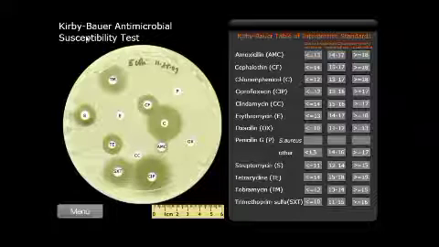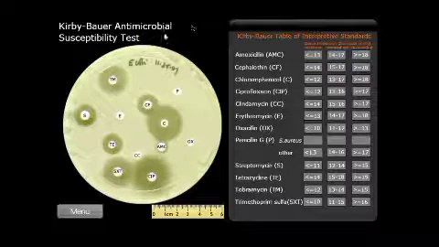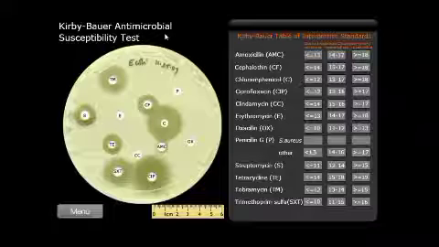In this test, wafers containing antibiotics are placed on an agar plate where bacteria have been placed, and the plate is left to incubate. If an antibiotic stops the bacteria from growing or kills the bacteria, there will be an area around the wafer where the bacteria have not grown enough to be visible. This is called a zone of inhibition.